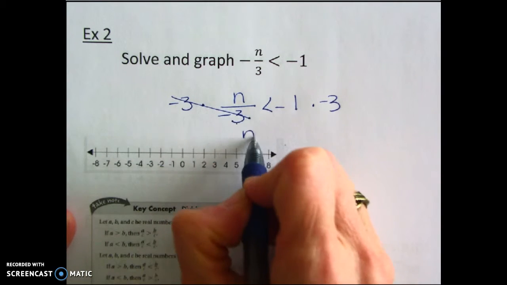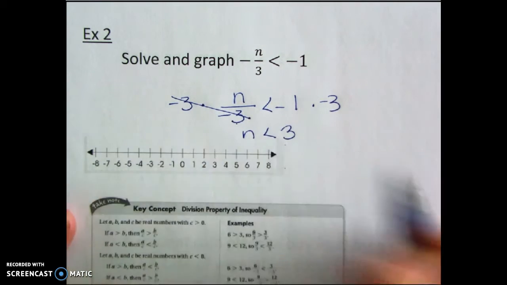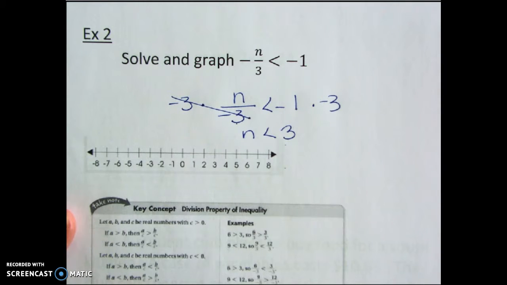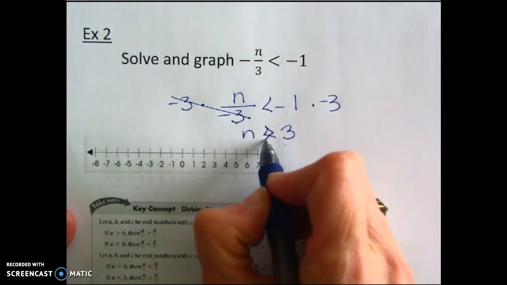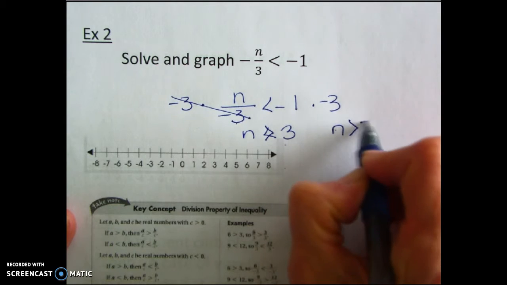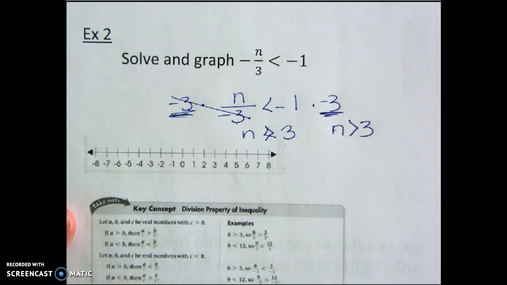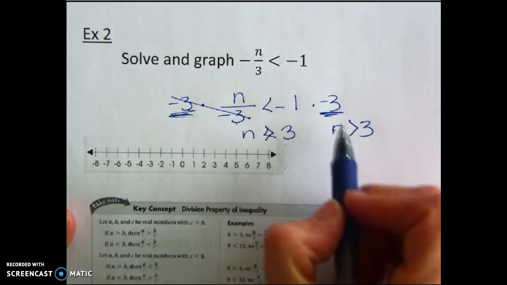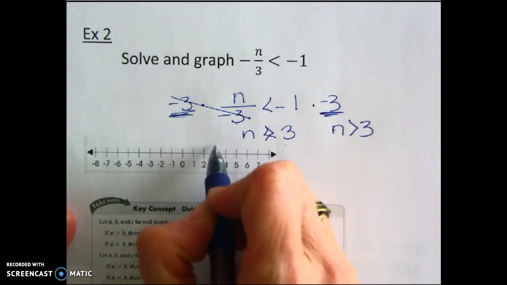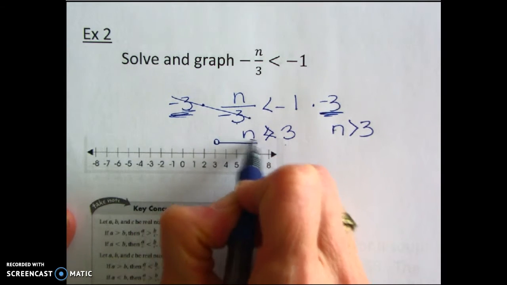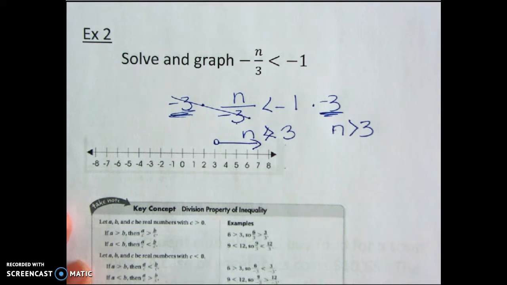That cancels that. Negative times negative is positive over here. But what did I forget to do? Flip my inequality symbol. So this should be n is greater than 3, because when I multiplied by -3 on both sides as my step, I have to flip the inequality symbol. All right, so n greater than 3, here's 3, not equal to, so it's just greater than.